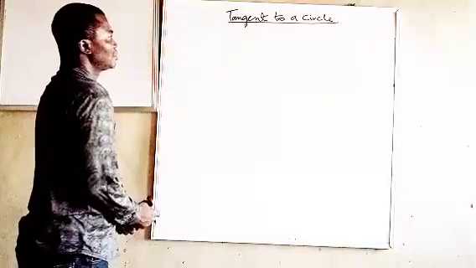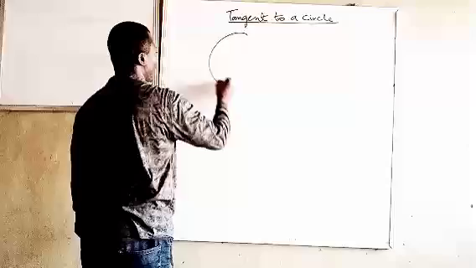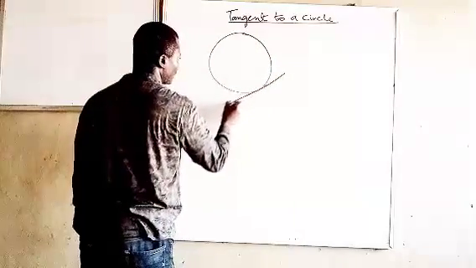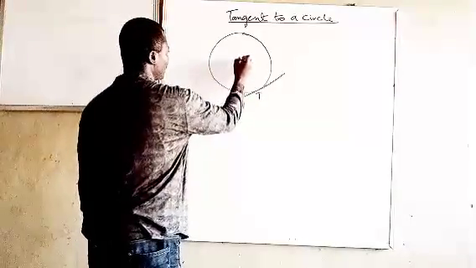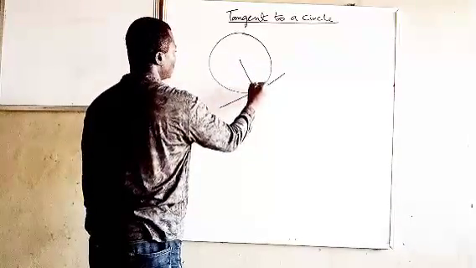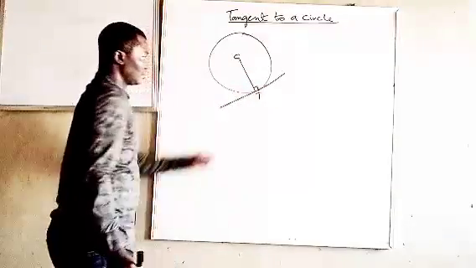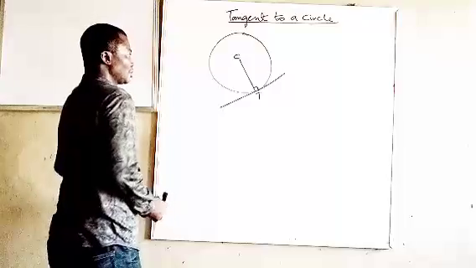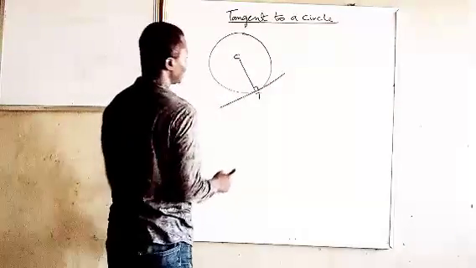Now, if you look at tangents, let's say this tangent and this point T. We know one thing. A line from the center to the tangent will be perpendicular to it. So this one is referred to as the normal and this one is the tangent.